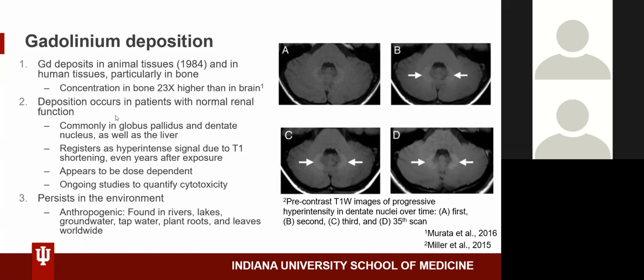And we also know that deposition occurs in patients who have normal renal function. So not just in those that have impaired renal function, it can also occur in patients with normal renal function, commonly in the globus pallidus or in the dentate nucleus, as well as the liver. And then it registers as this hyperintense signal, as we know. I mean, that's the point. That's what you want it for, is to increase your contrast.